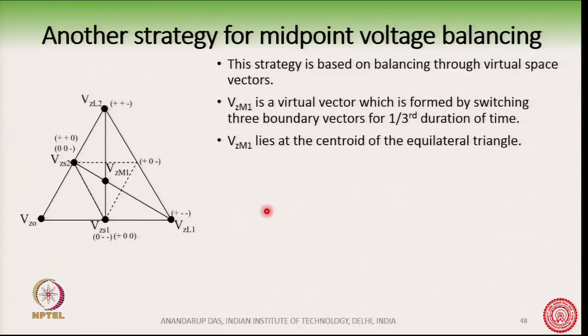Okay. So, therefore, this V z m 1 which is shown here is a virtual vector which is formed by switching 3 boundary vectors like this one and this one. These 3 vectors can be switched for equal duration of time so as to produce this virtual vector V z m 1 which lies at the centroid of the equilateral triangle.